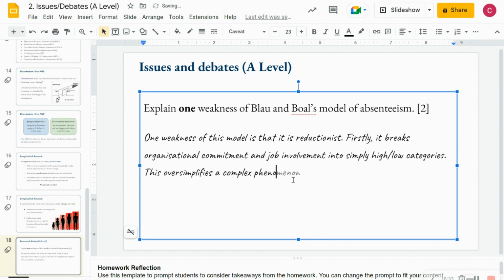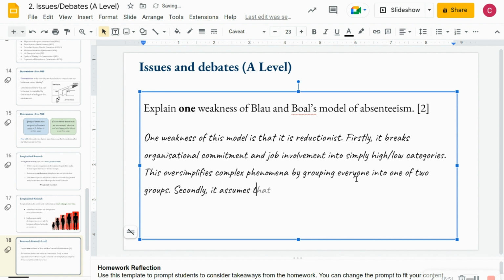This oversimplifies complex phenomena by grouping everyone into one of two groups.